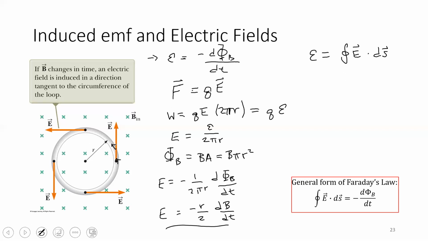And that path dotted with the electric field is a line integral. So in other cases, our electric field might not be constant, or the path is not perfectly circular. So this leads us to a general form of Faraday's law, where we have this closed path integral of our electric field giving us the negative dΦ/dt, so the negative change in magnetic flux. So that is our induced electric field.